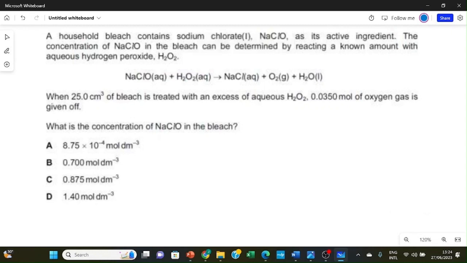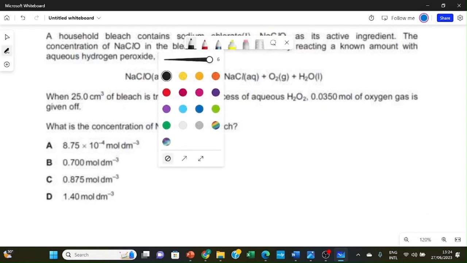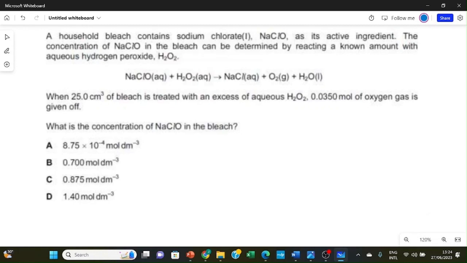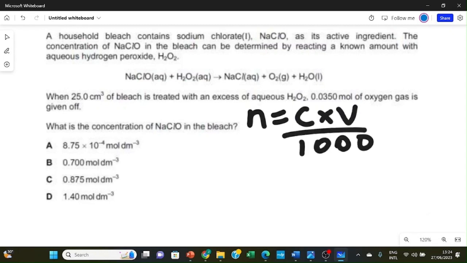So using our formula, number of moles is equal to concentration times volume over 1000. So the number of moles of sodium chlorate(I) is 0.0350. This is the number of moles of sodium chlorate(I) that reacts with an excess of hydrogen peroxide.